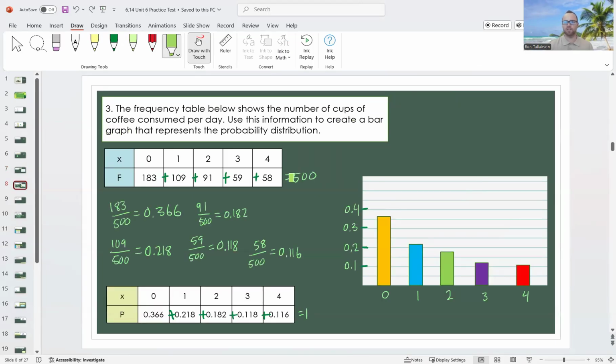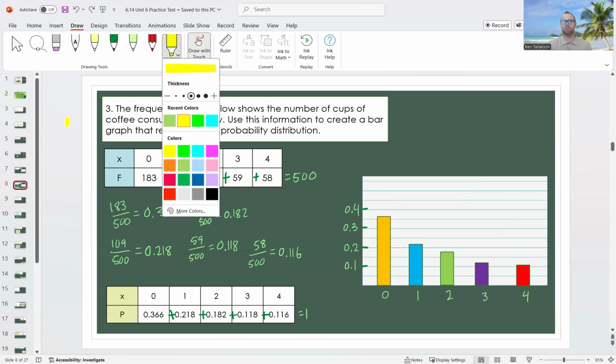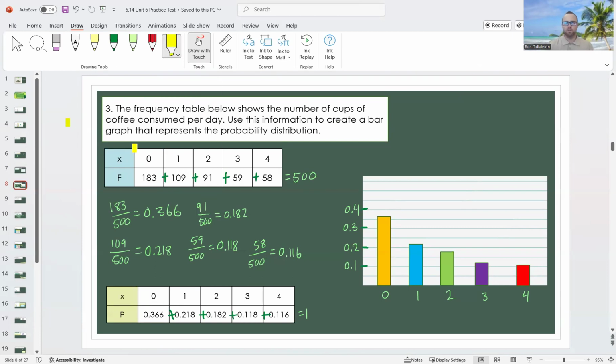We add them all together to get our total. Then we can find each individual probability. Before we do that, I want to make sure everyone understands what's going on in this table. Well, it's a frequency table. Frequency is how often is something happening. And what are we talking about? Drinking cups of coffee every day, okay?